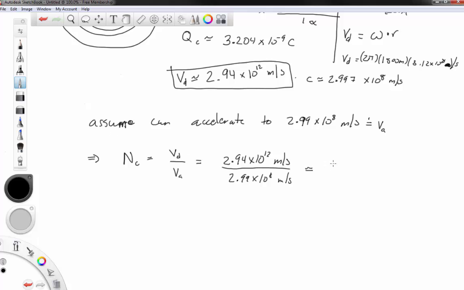So this is basically 9.84 times 10 to the 3. So you'd have to have 9,840 of these alpha particle clusters in order to attain a current of 1 amp under this set of restrictions.